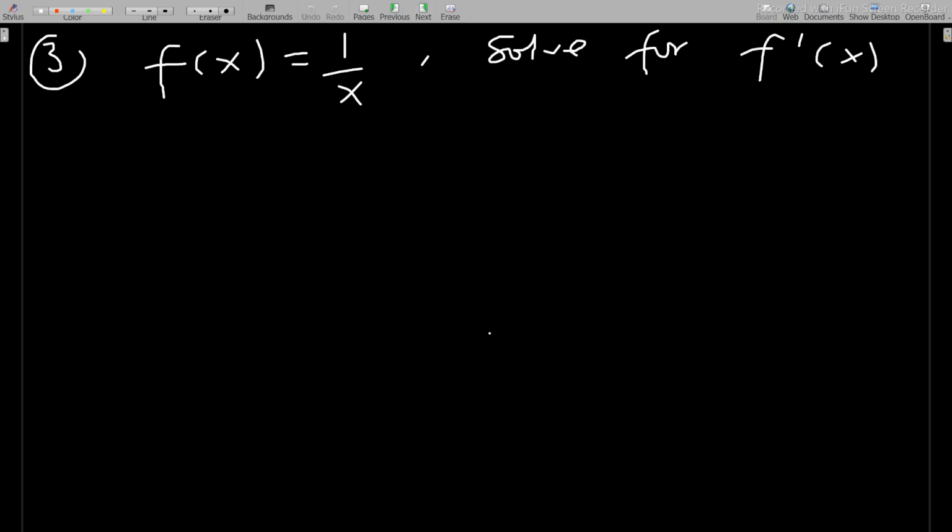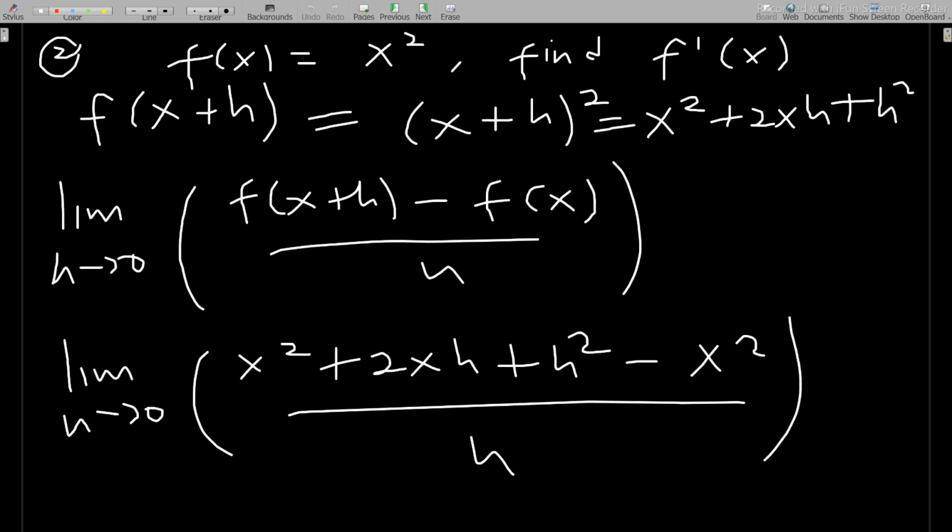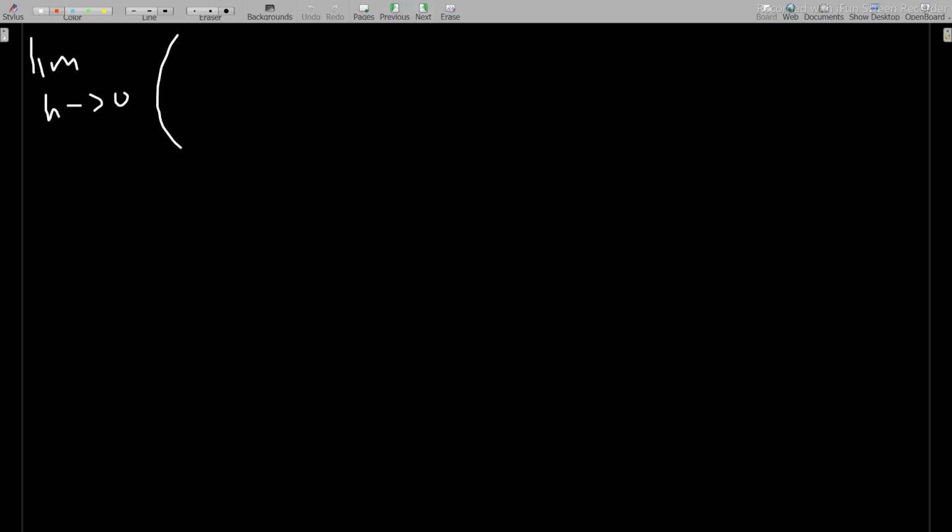Now with this, we have the limit as h approaches 0 of, let's try to cancel some terms. x squared is here, and you cancel minus x squared, so I'll be left with only 2xh plus h squared over h.